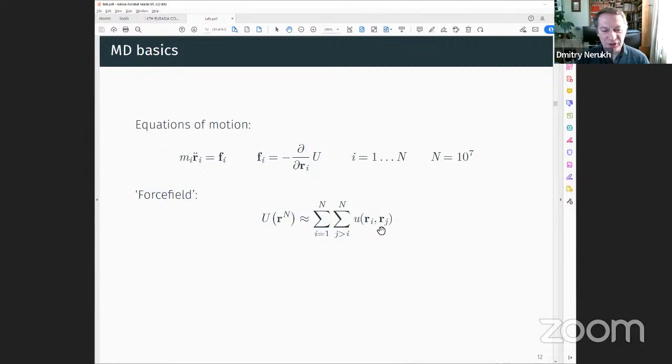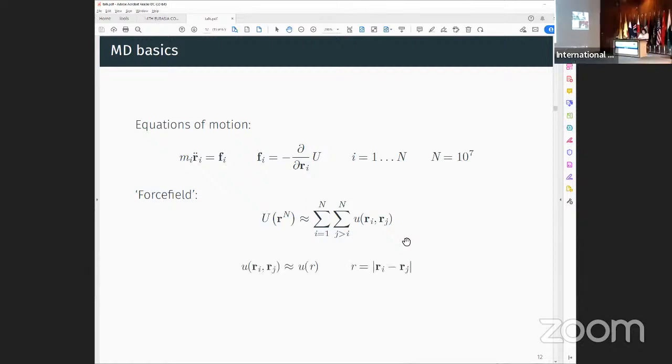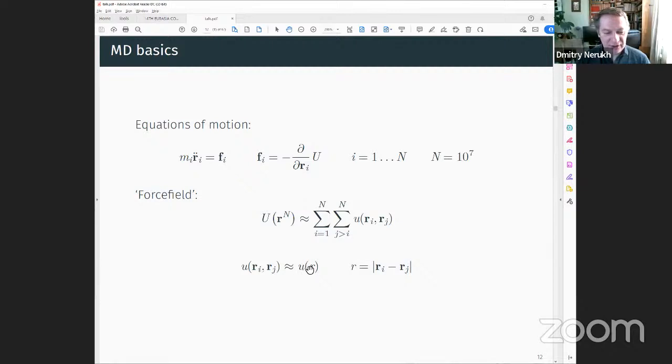So we are only talking about 2 atoms at a time, and the total energy is the sum of those pairwise interactions. The further simplification is that those pairwise interactions are also central forces. So the direction is not important, only the absolute value of the distance.